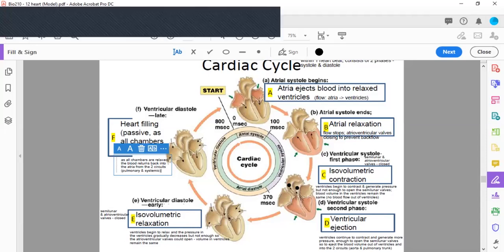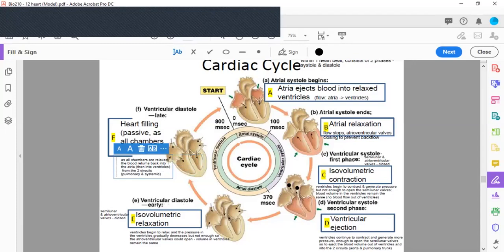So you can see right here that all the blood returns back into the atria, then into the ventricles from the two circuits.